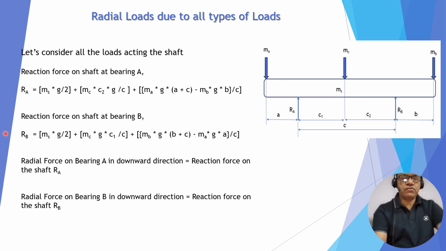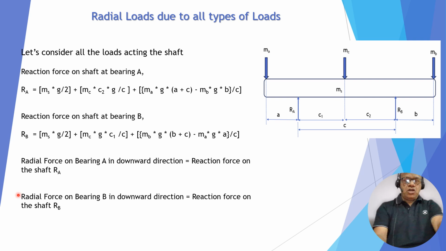Similarly, the reaction force at bearing B will be RB equal to ms into g by 2, again because of the mass of the shaft, plus mc into g into C1 by C, because of the external mass in between the shaft, plus bracket start Mb into g into B plus C minus Ma into g into A bracket close, upon C, because of the overhang shaft.